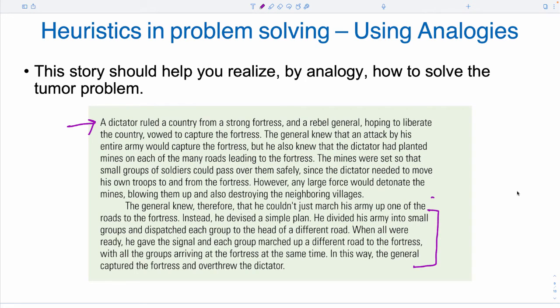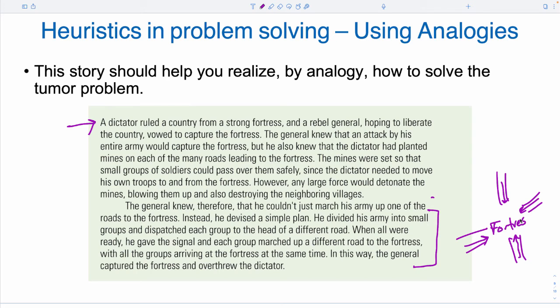So here we have the fortress with a variety of roads going to it. The general divides up the army into small groups, and they each march up a different road, converging on the fortress at the same time, and therefore able to capture the fortress and overthrow the dictator, right? So a very similar solution.